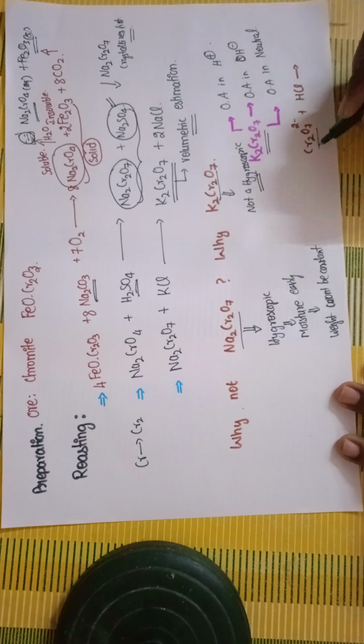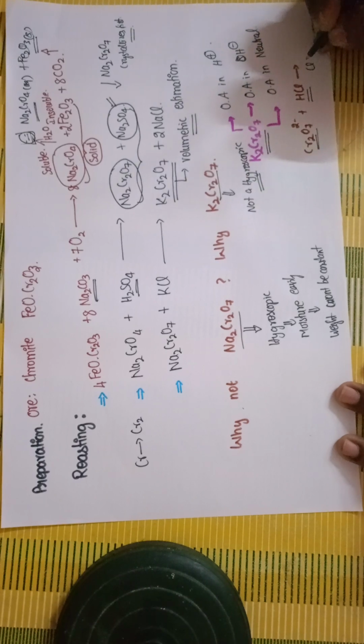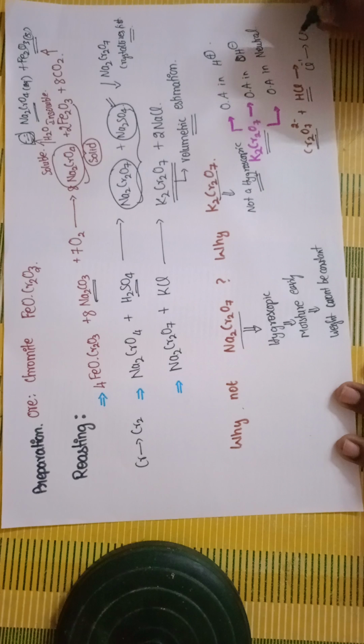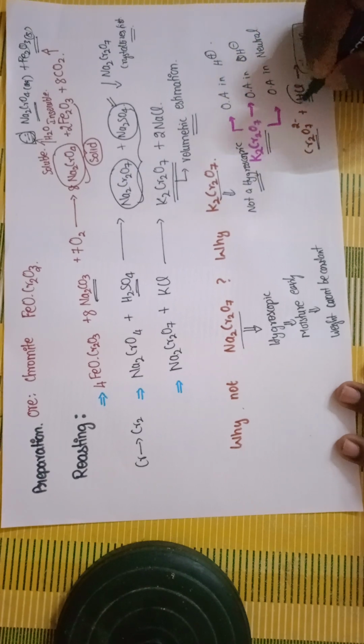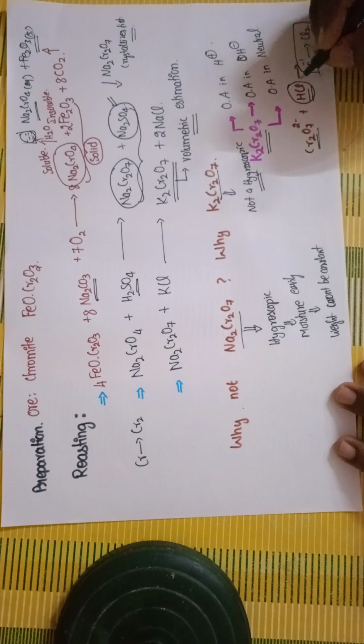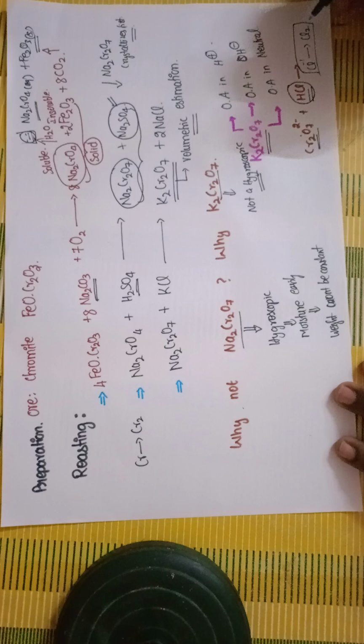And potassium dichromate should not be used in presence of hydrochloric acid. The reason is it will oxidize chloride to chlorine. Actually, HCl should only provide the medium, but here it acts as a reactant, and potassium dichromate oxidizes chloride to chlorine.